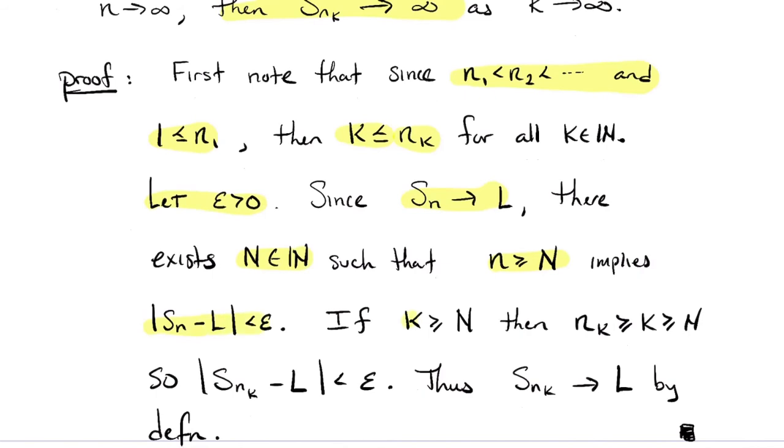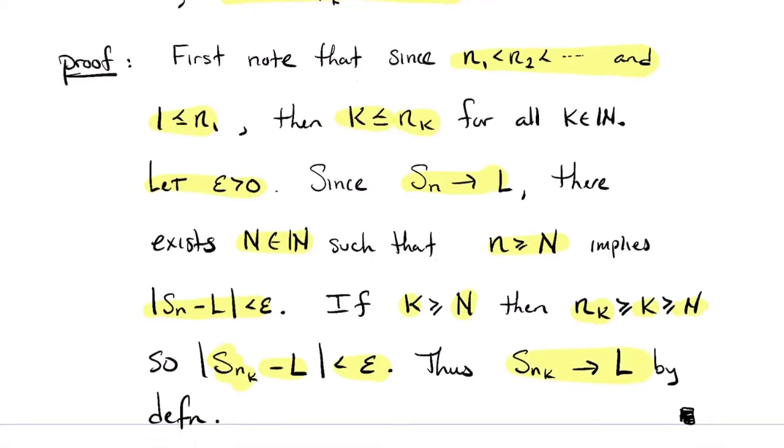Now if I take k bigger than that same N, what we just said is that n sub k is at least k, which is bigger than N. So the corresponding subsequence term, S sub n sub k, differs from L by less than epsilon as well, because n sub k is bigger than the threshold. So by definition, the subsequence converges to L as k goes to infinity. Nice.